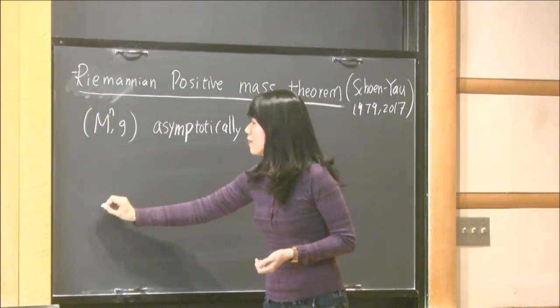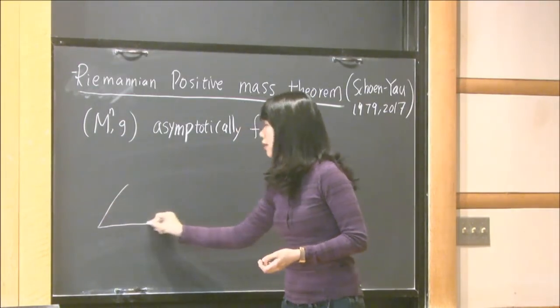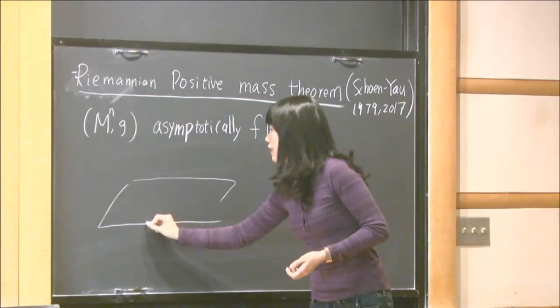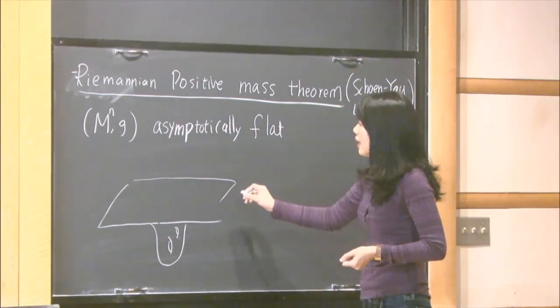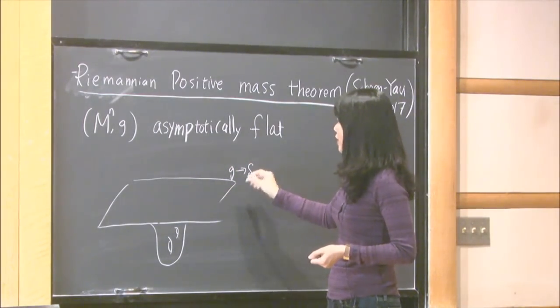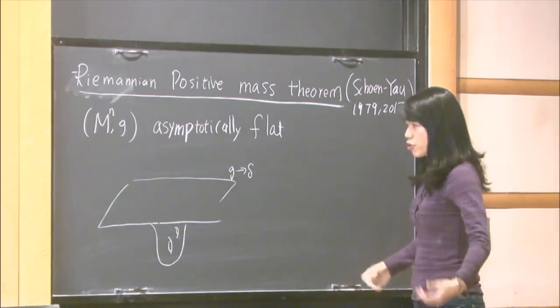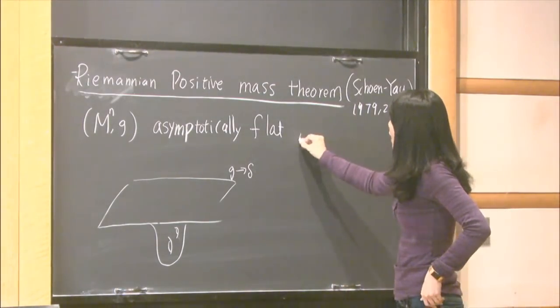For now, you can just think of a manifold which looks like Euclidean space far away. Inside, it can have topology, I don't care. But the metric defined on the manifold will be very close to the Euclidean metric outside a suitably large compact set. That's the meaning of asymptotically flat.